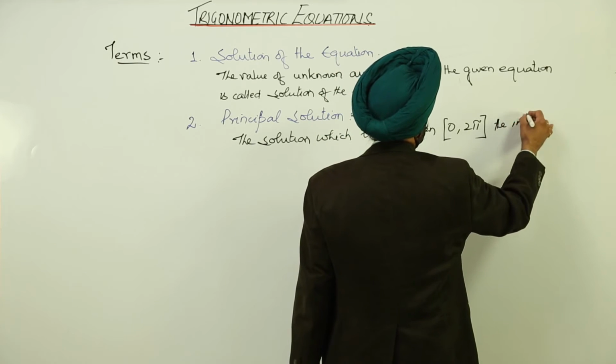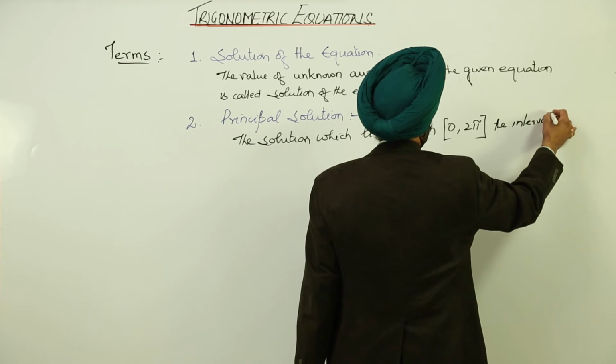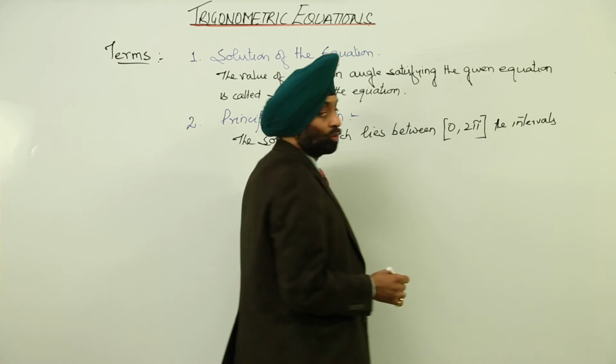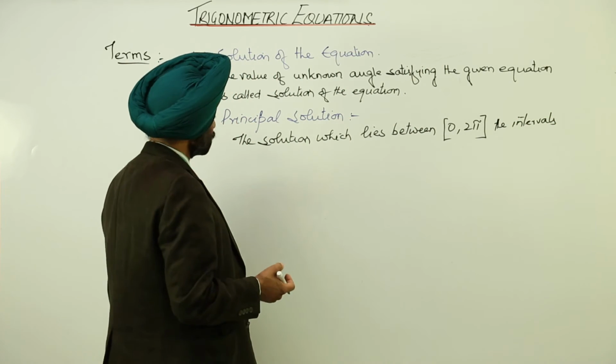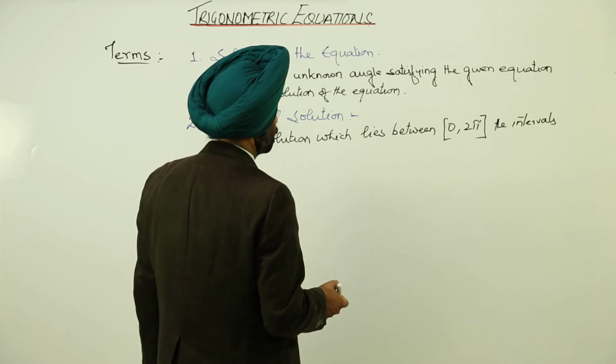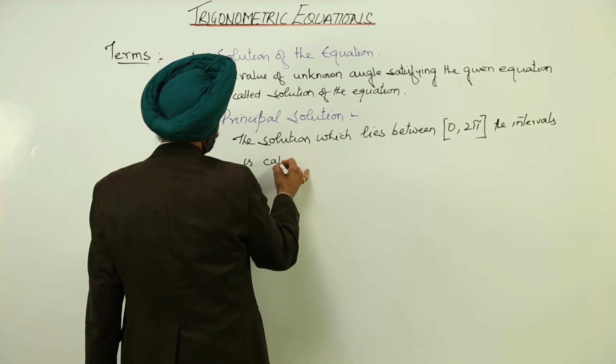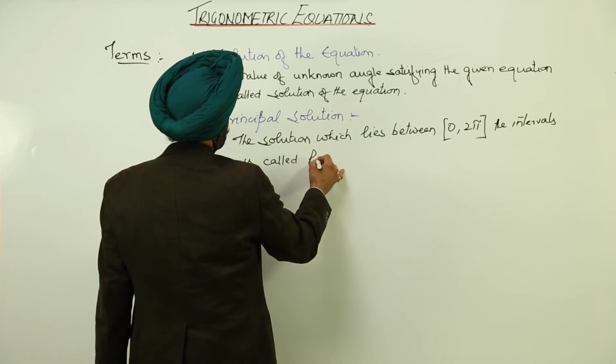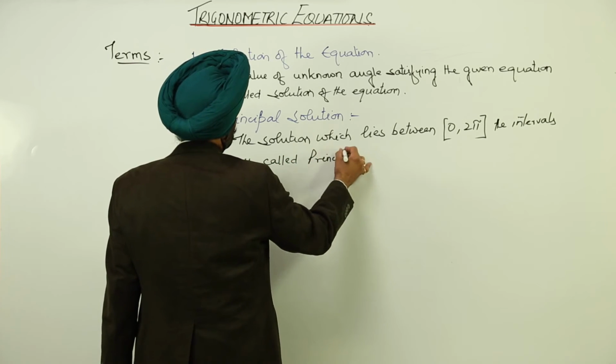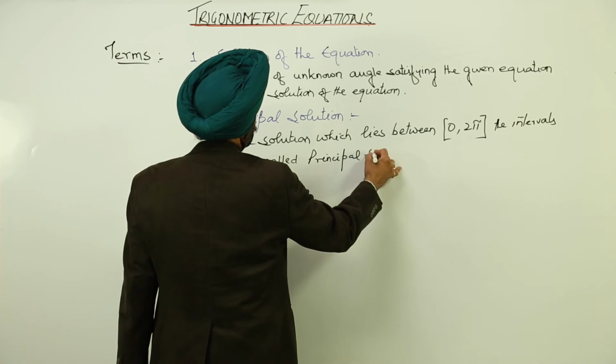The interval 0 and 2 pi, closed interval. Okay, the solution which lies between 0 and 2 pi is called principal solutions.